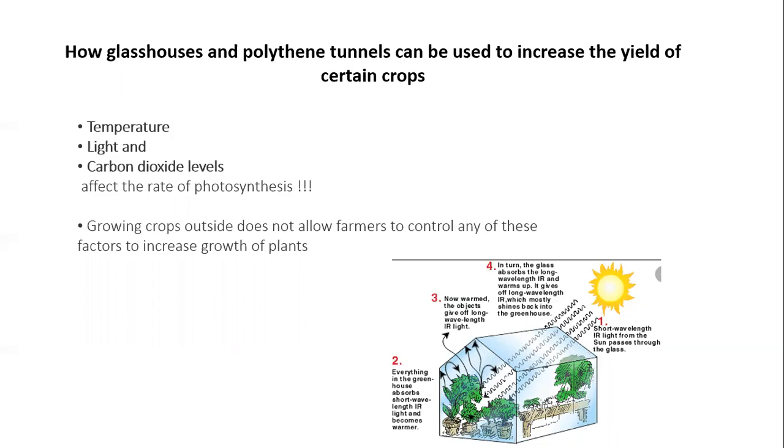So growing crops outside does not allow farmers to control any of these factors, which are important for the growth of plants. In the diagram, you can see a greenhouse or a glass house. Within a glass house, we can control these parameters and increase the growth of the plants.